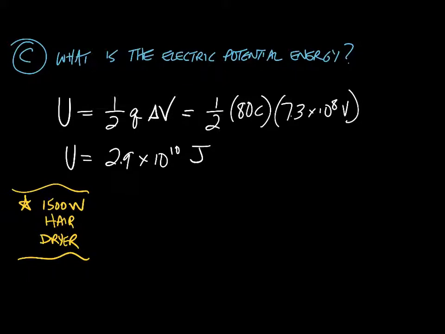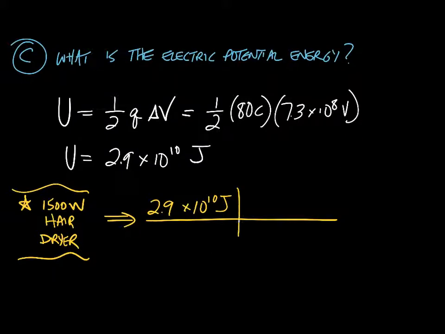So all I want to do is convert this energy that I've determined is in this cloud, electric potential energy, basically to watts to figure out how many hours this thing can go. So a joule, this is the number of joules I have in the cloud.